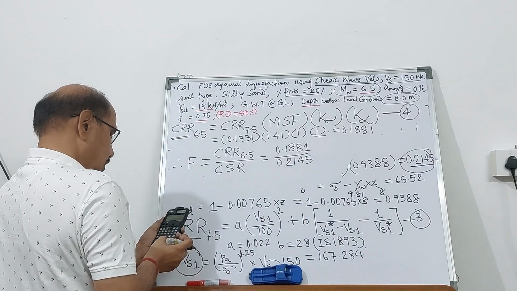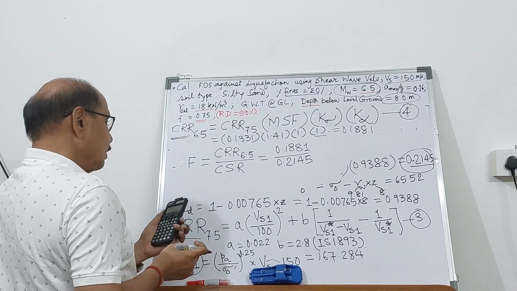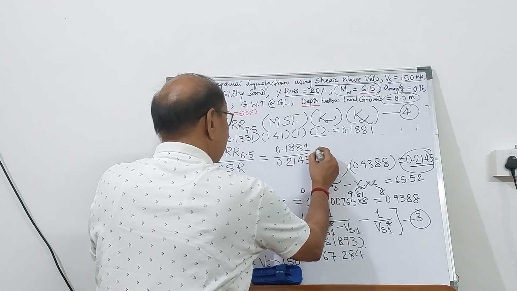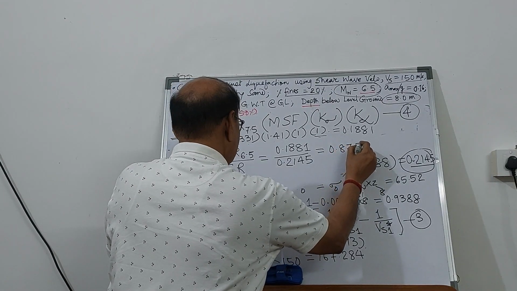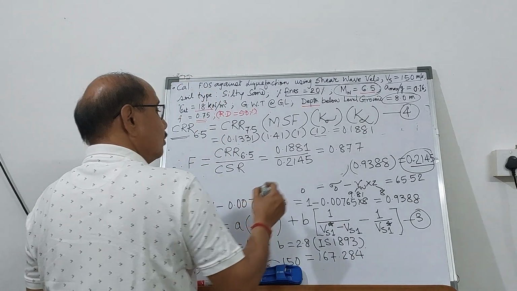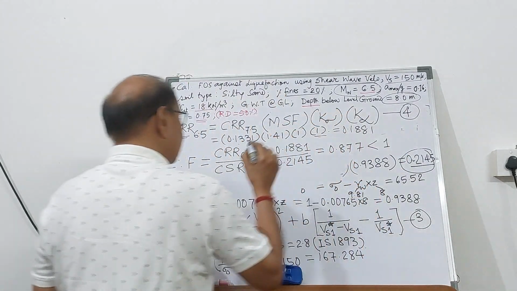So divided by 0.2145, the value comes out to be 0.877, which is less than 1.